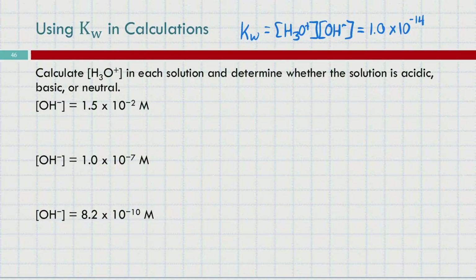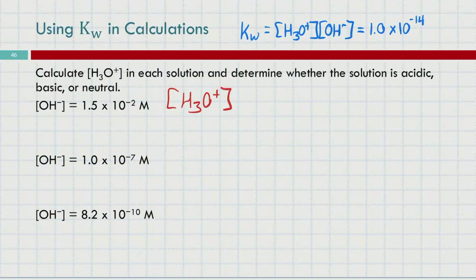So we're going to do some calculations with this. This is basically a formula. We've got one variable times another variable equals this constant. So in each of these examples, we're provided with the hydroxide, and we can calculate the H3O plus concentration. So I'll show you how to do that.